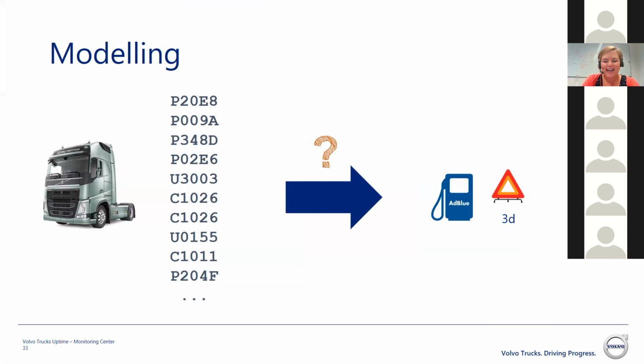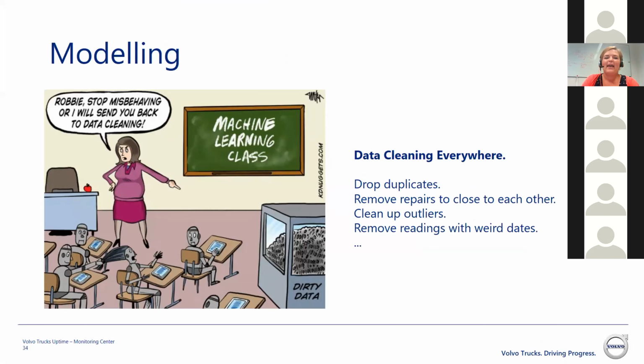I must say, when we're actually modeling, about 90% of model development goes into data cleaning. The reason for that is a lot of the data that we're relying on, besides the fault codes, is manually put in by, for example, people who work at a workshop, at a garage. We need to know what happened to the truck at what point to be able to model.